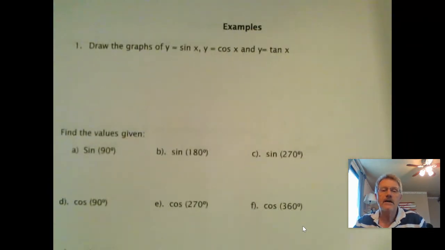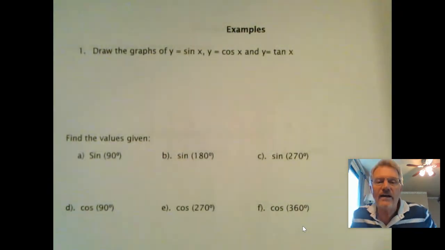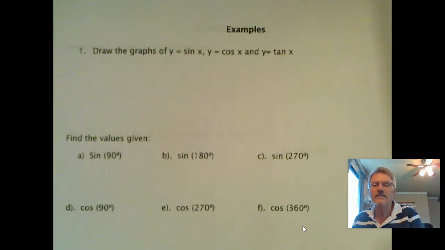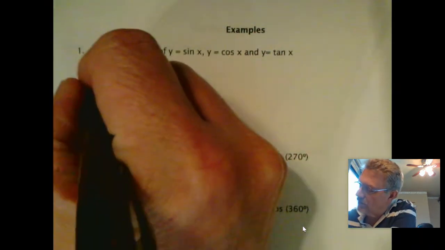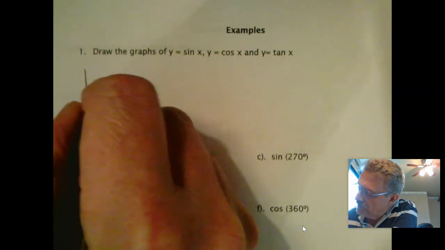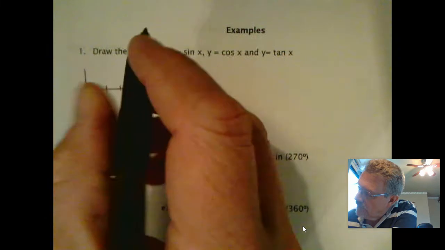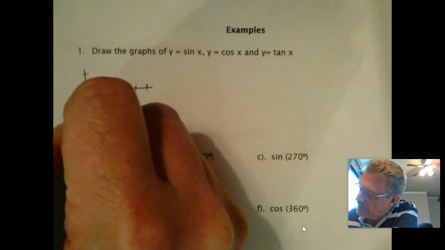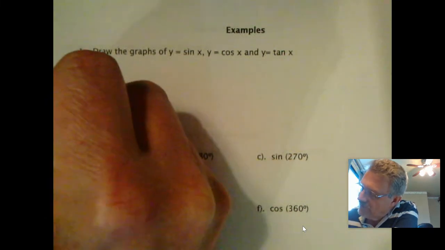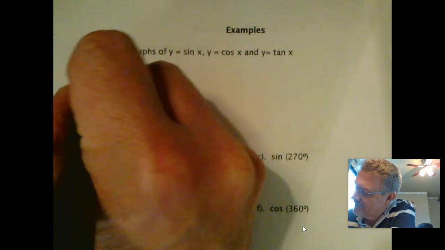Okay, so on the next page, it says to draw the graphs of y equals sine x, y equals cosine x, and y equals tangent x. We're going to need those, so better draw them. Even if you're copying this, you're still practicing it.